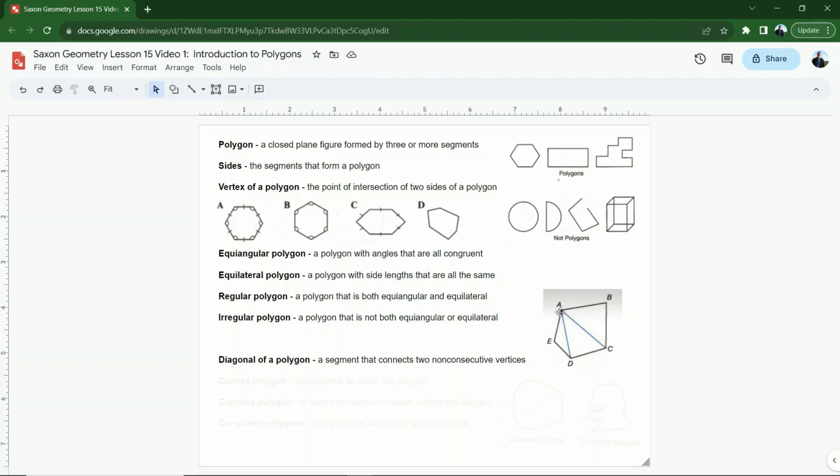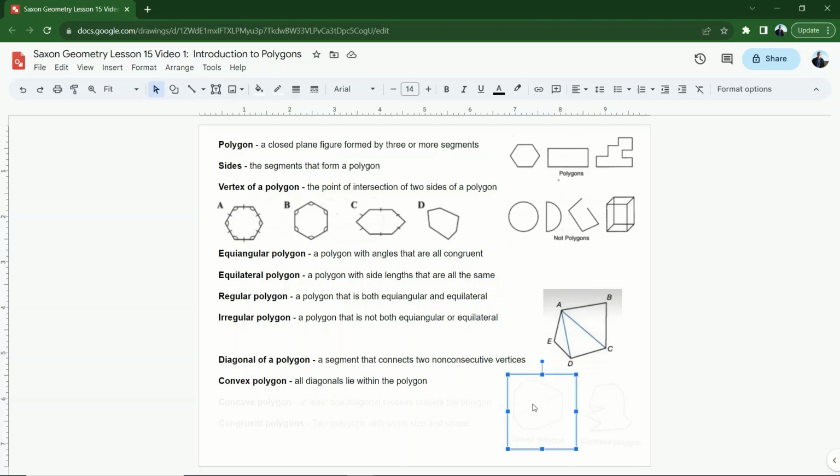Hey, how many diagonals can I draw in this polygon? Well, I can't draw a diagonal along a side, so I can't do AB or AE, but I could do AD and AC. We're going to see that there's a pattern to the number of diagonals that you can draw in a polygon later on. A convex polygon is one where all of the diagonals lie within the polygon.